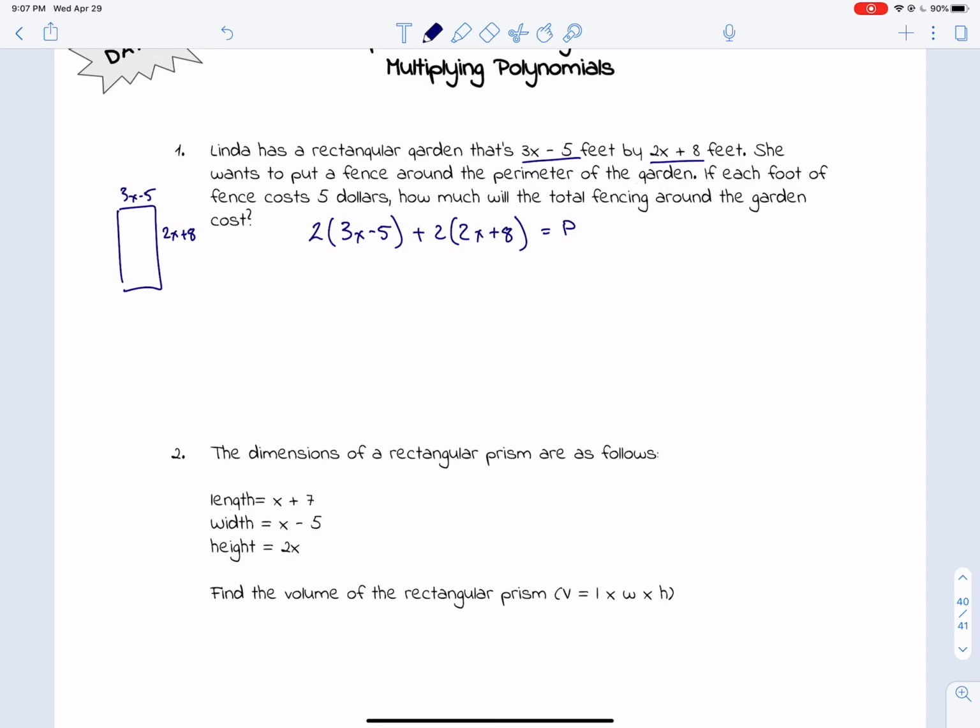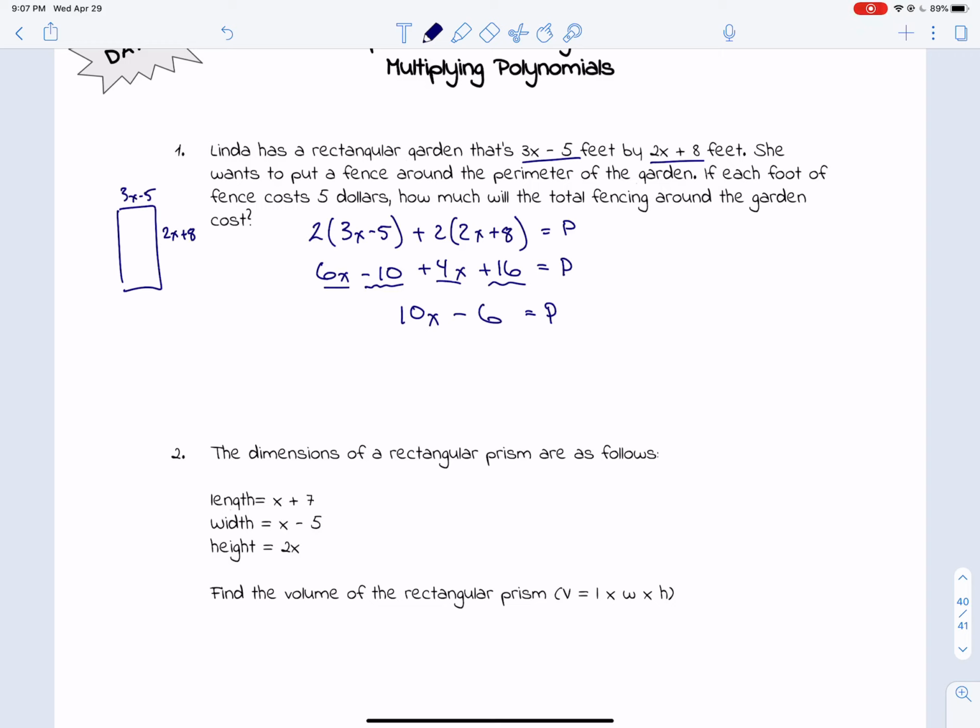Okay, so we get 6x minus 10 plus 4x plus 16. And combining like terms, I get 10x minus 6 equals perimeter. Okay, so that's our expression for the perimeter, 10x minus 6.